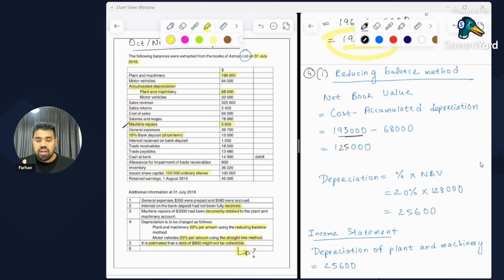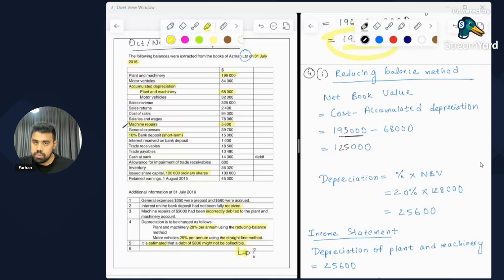Every time you are finding the depreciation using the reducing balance method, you must first calculate the net book value, which is always the original cost minus the accumulated depreciation. The original cost in this case is 193,000, not 196, because we had to remove the incorrect machine repairs that we included before, and that made 193,000 the correct cost. Then we subtract 68,000 in accumulated depreciation, and that gives us a net book value of 125,000.